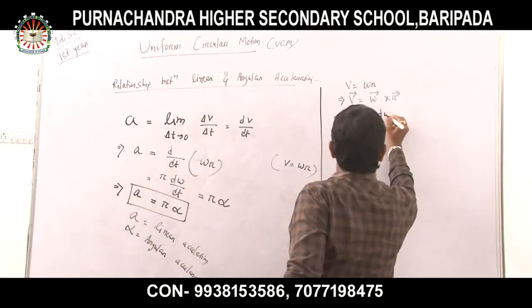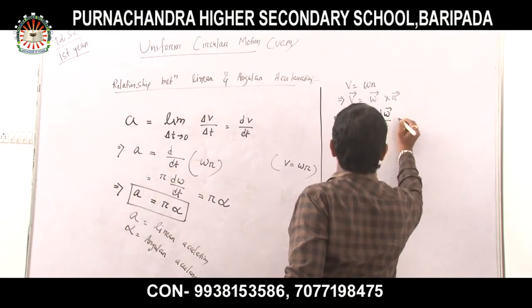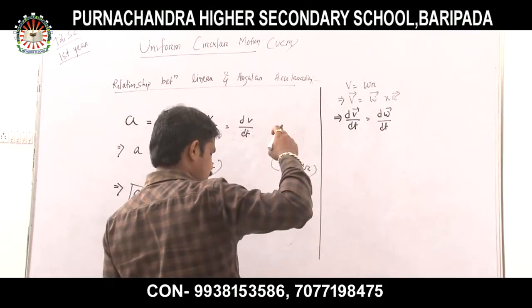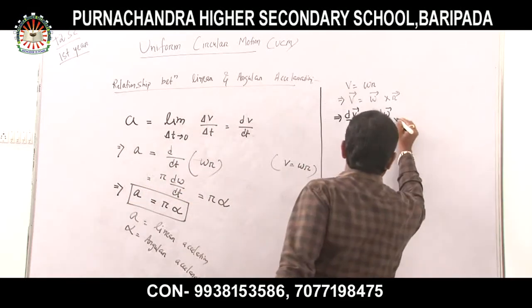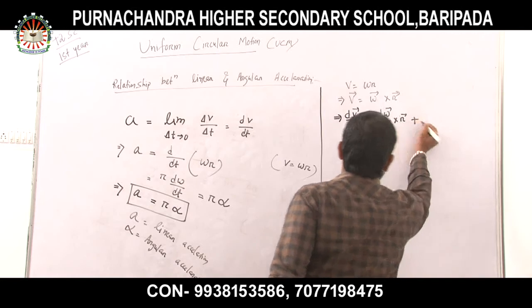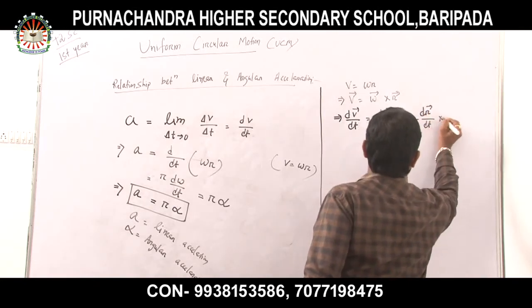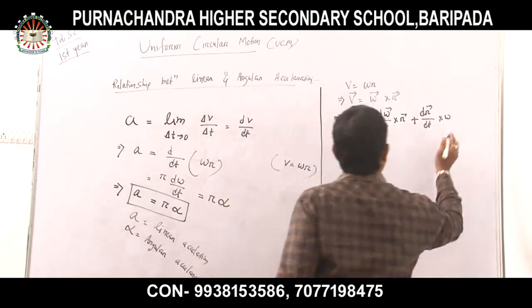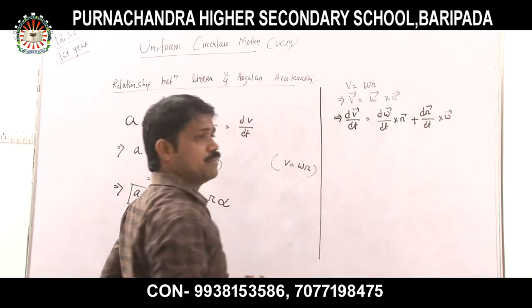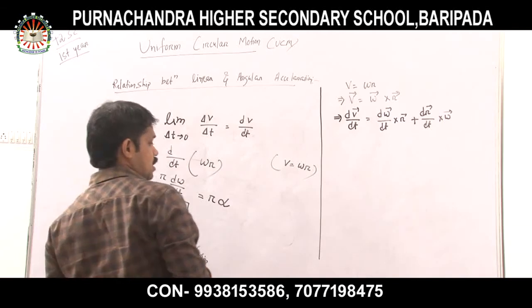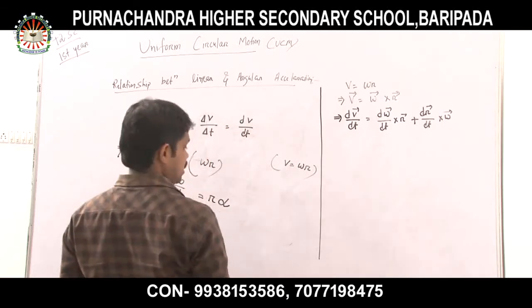So what I can write now is d omega by dt cross r plus dr by dt cross omega. Clear, all of you? This is the representation.